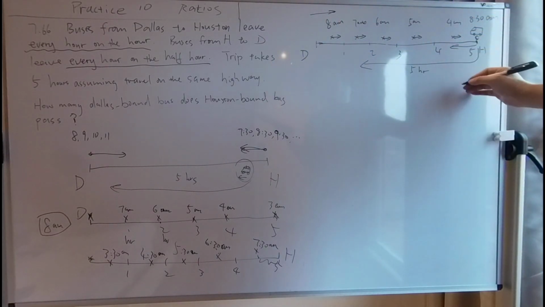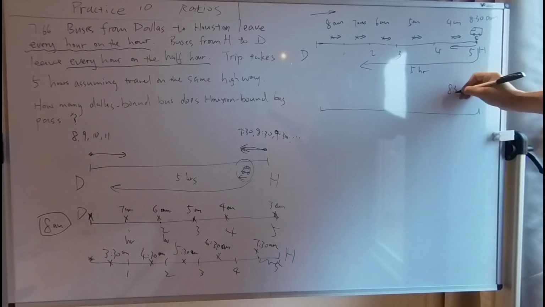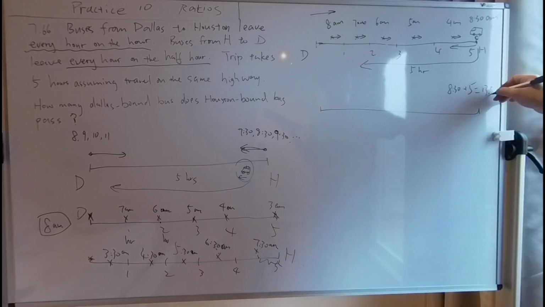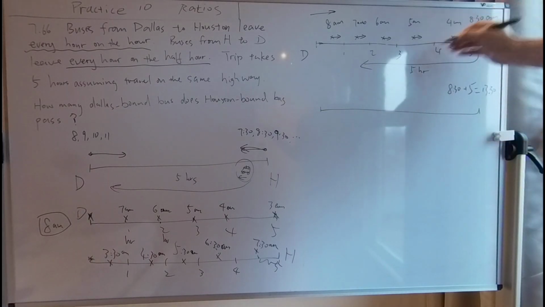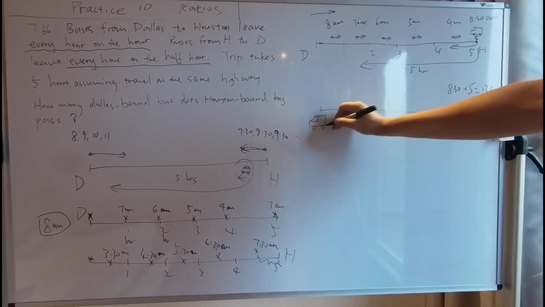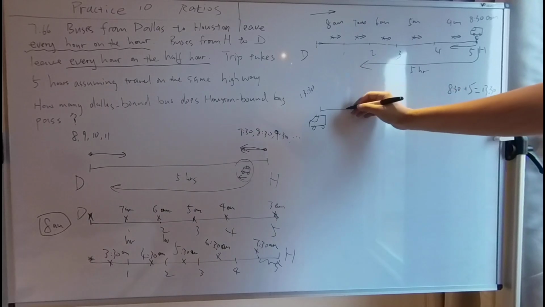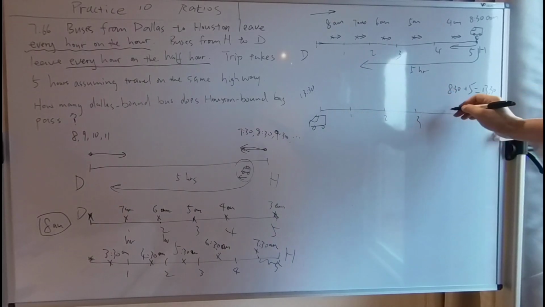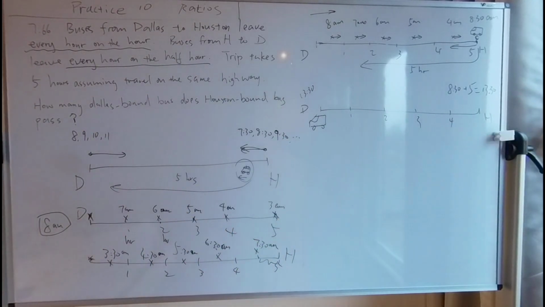So the next time I'm looking at should be 8:30 plus 5 hours. That'd be 13:30. Right? Because 13:30 is when my 8:30 bus arrives. Okay, that's 13:30. Now, at 13:30, how many Dallas buses are there?